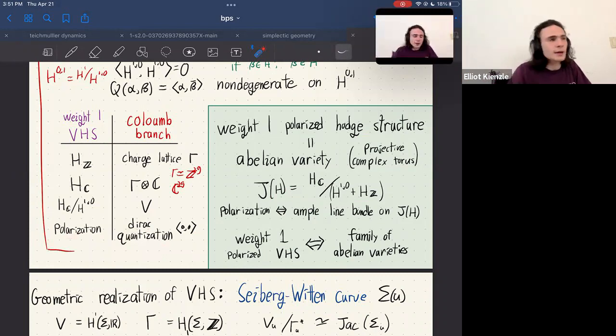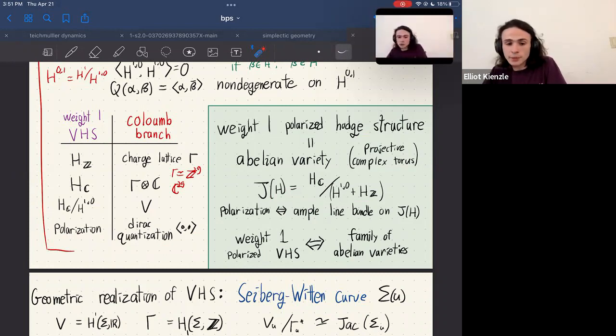And we also have this nice symplectic pairing, which gives us a polarization. And we care about these weight 1 Hodge structures, not only because they are what show up in these charge lattices, but because they parameterize abelian varieties, right? We have a direct comparison from these Hodge structures to complex tori that are also projective. And it's pretty simple.